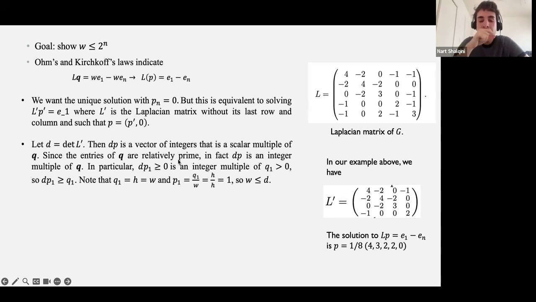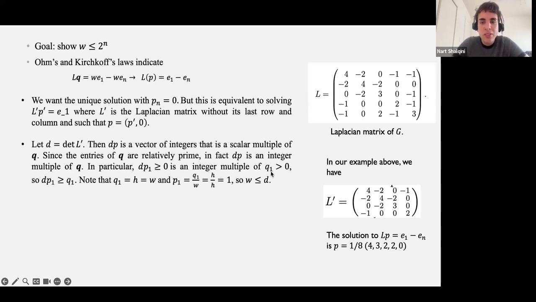The fact that they are relatively prime comes from the MTP assumption, because the smallest square has to tile all the other squares, so the GCD of all the components of Q must be 1. So since the entries of Q are relatively prime, dP is in fact an integer multiple of Q.